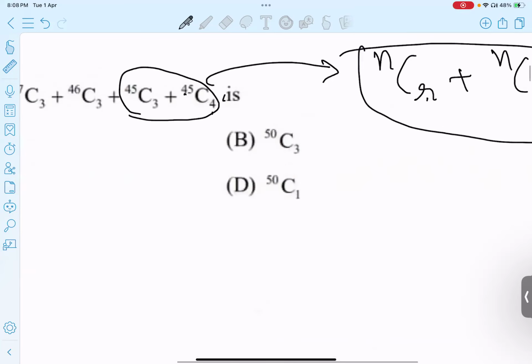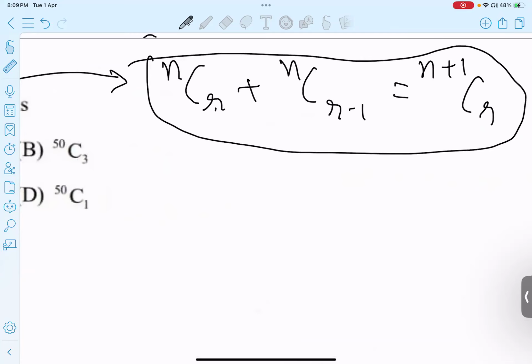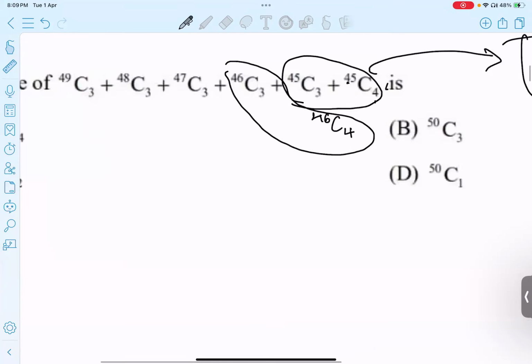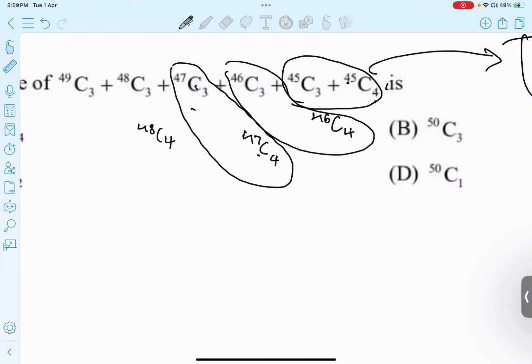Okay, using this identity, this can be written as n plus 1 Cr, that is 45 plus 1, 46Cr, where r value is 4. Using these two, again, this can be written as 47C4. Using the same formula, summing up these two can be written as 48C4.